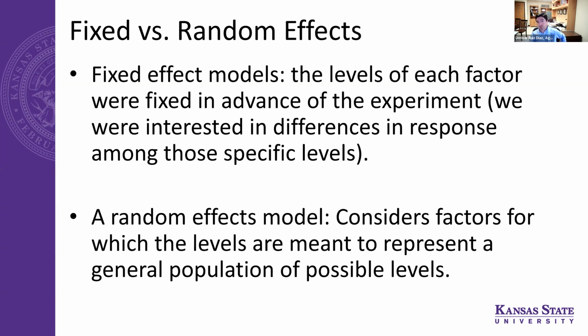If we are taking location as a random effect, we are basically trying to extend the results of this analysis to the general region, the population of locations, for example, of Kansas. So if we have 30 locations across Kansas, we use location as a random effect in the model. We are trying to estimate the average response of a specific treatment across the entire state, including soils, environments, and so on.